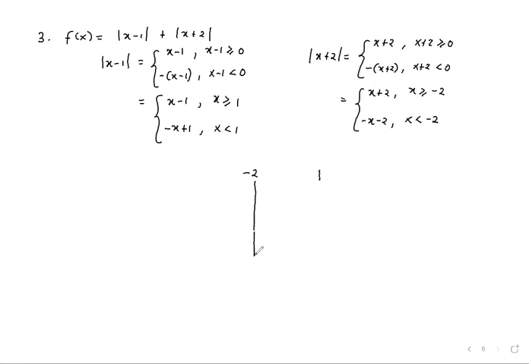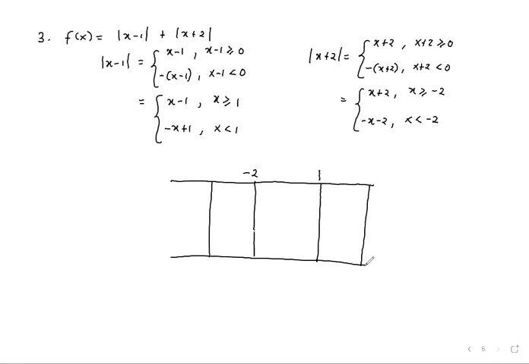Draw lines there, lines here. Demarcate again there, demarcate again there. Close here. Then get the modulus of x minus 1. Give it its box. Get the modulus of x plus 2 in its box.